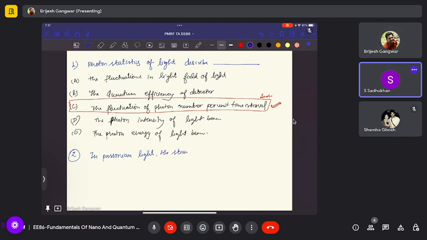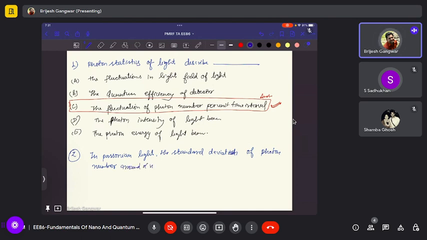Yes, the standard deviation of photon number around a mean value is given by, okay, so you are saying square root of n. This is the answer.